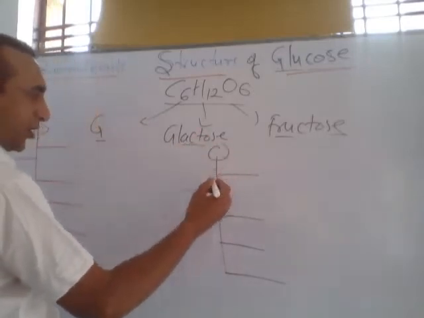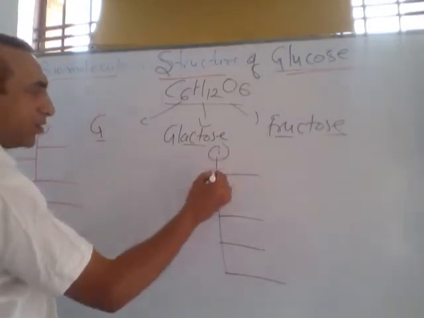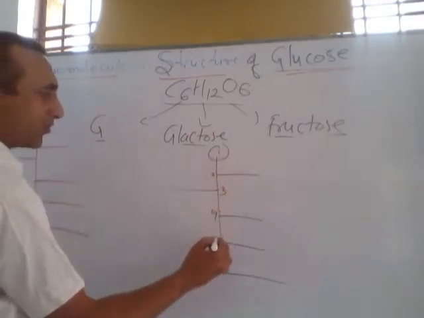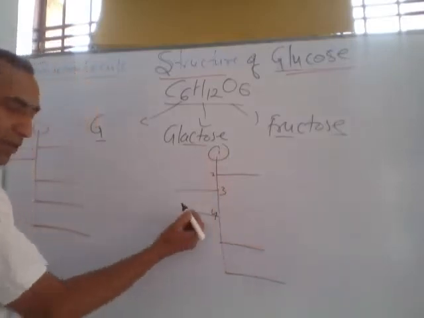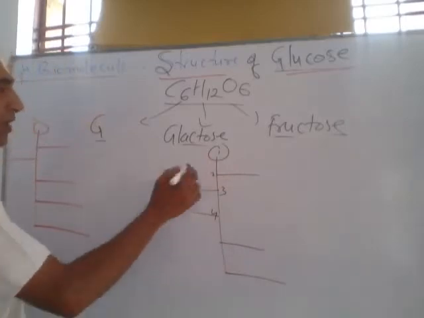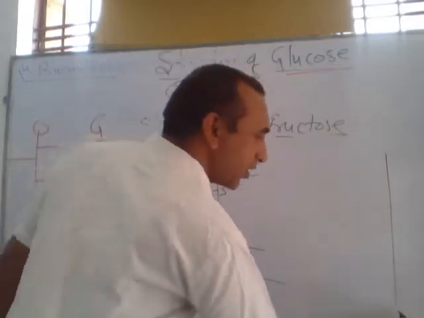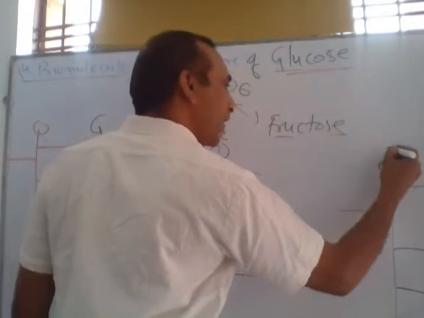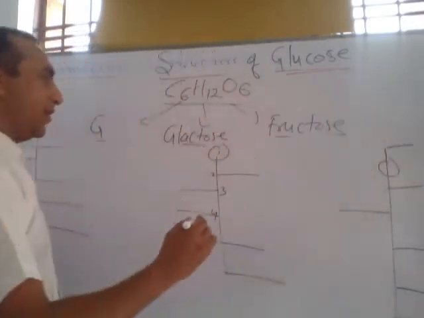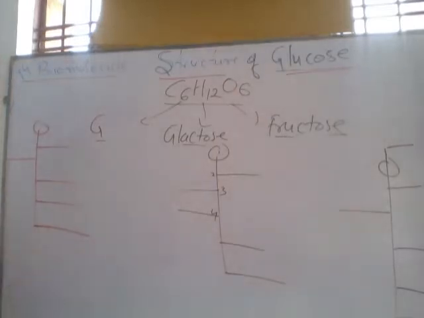If you change the configuration orientation of the 4th carbon to the left hand side, this is galactose. If you change these two, here 1, 2, 3, 4, 5th, here a circle, and on the top there is a line. So by these simple lines we can easily remember the structure of glucose.